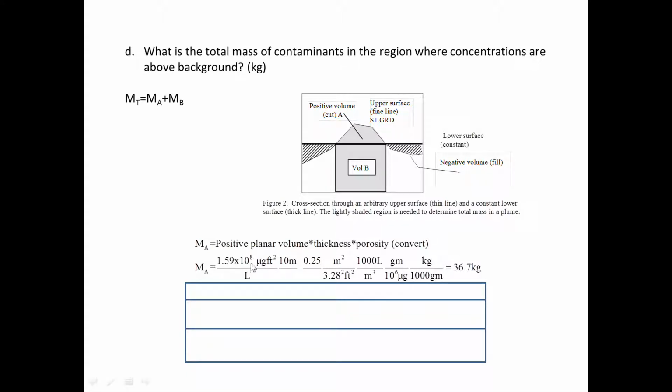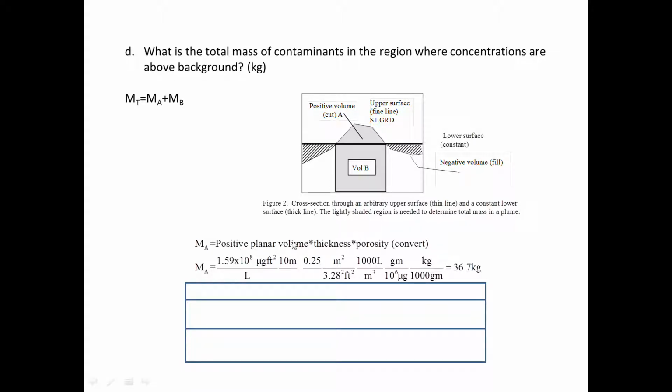And so that has units of micrograms per liter times square feet. So this number that we got from Surfer, even though it's called a positive planar volume, has these fairly funny units. And that's one of the key things that we have to be on our toes about.